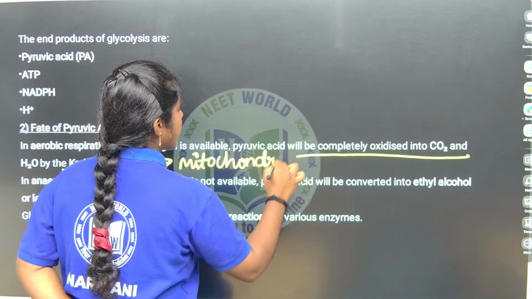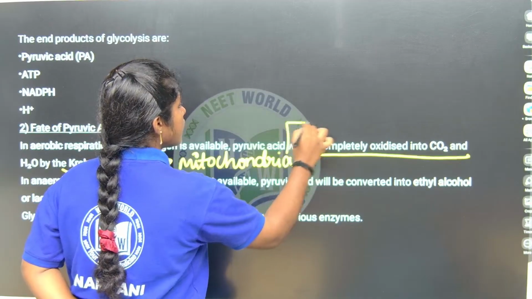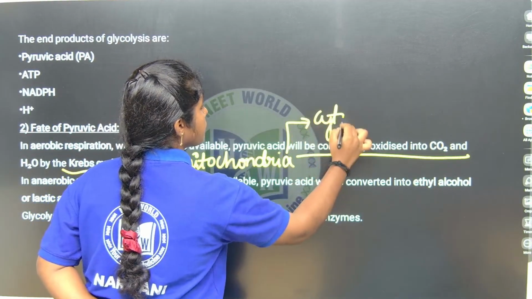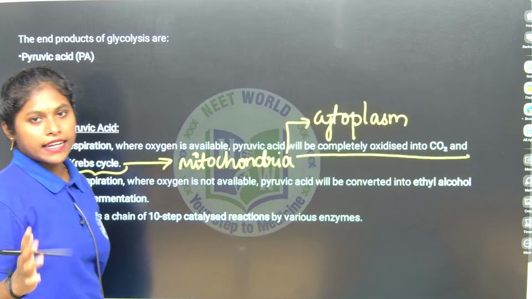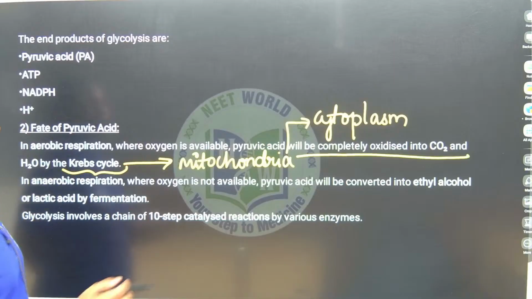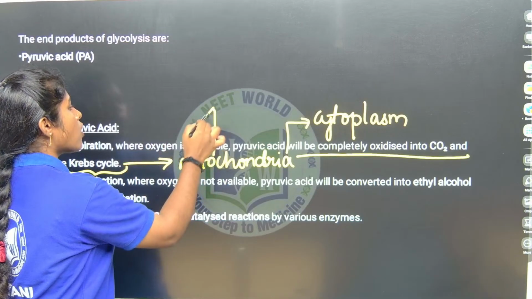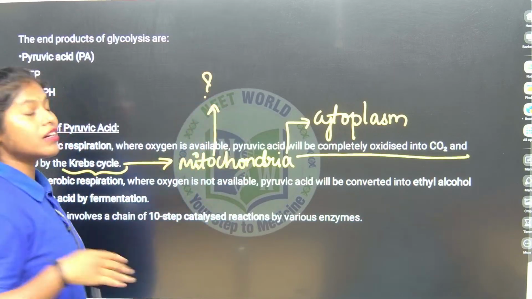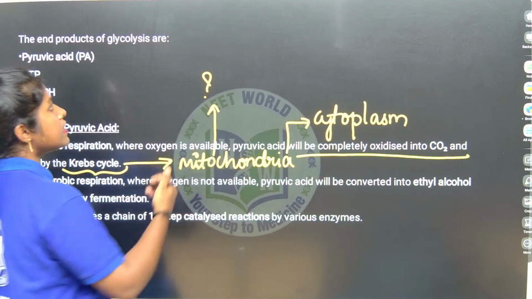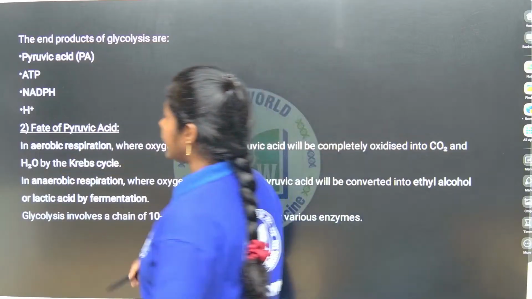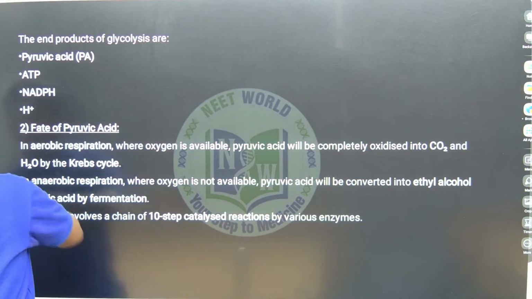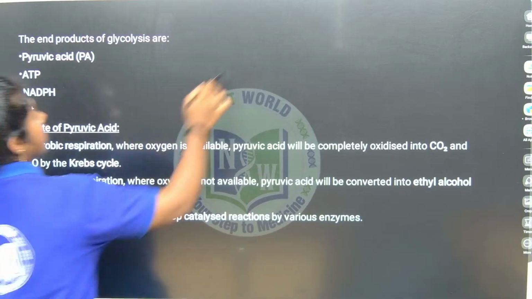So we know that glycolysis is happening in the cytoplasm. So let's see the Krebs cycle now, which happens in the mitochondria. If you have a doubt about why it is only happening in the mitochondria and why other organelles are not involved in this process, see this, we'll discuss it in a very clear way. Okay, 1 minute.